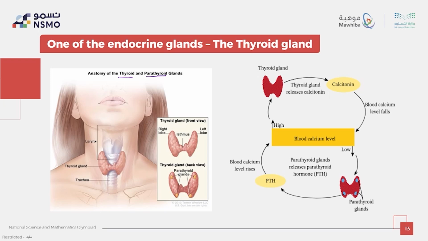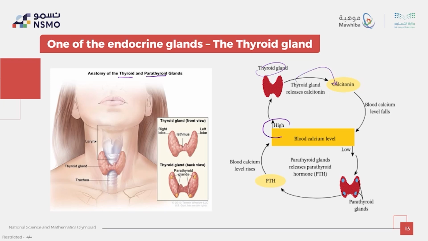Okay, let's see the diagram here. They work to maintain, as we said before, the calcium level. When the calcium level in our body is high, the thyroid gland releases a hormone called calcitonin.